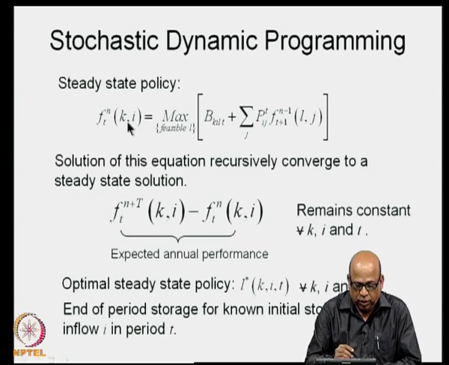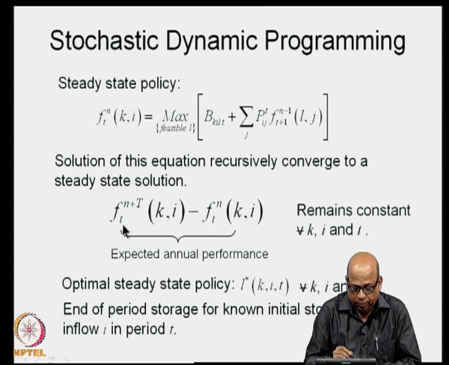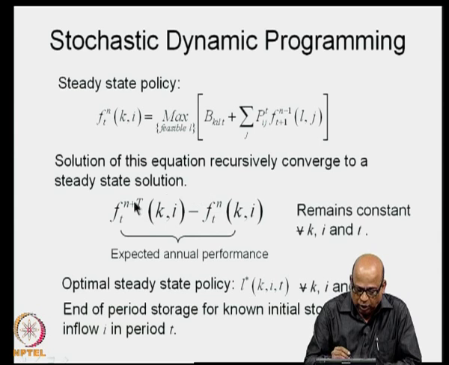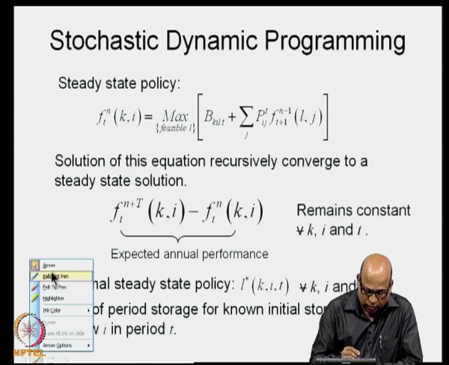For a given combination of k comma i in the time period t, the system performance measure that you get associated with the stage n plus capital T, where capital T is the number of time periods in the year, minus, for the same combination k comma i for the time period t in stage n. So, this n to n plus capital T is the elapsed time for 1 year.